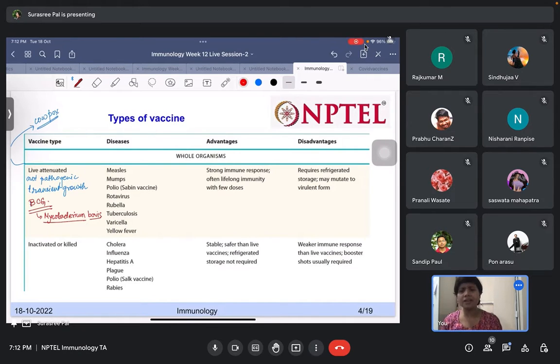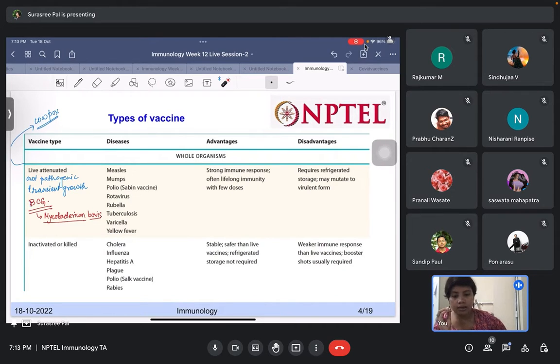So live attenuated vaccines, for example, you can see here the measles vaccine, mumps vaccine, the Sabin polio vaccine, rotavirus, rubella, these kinds of vaccines are commonly used, which are live attenuated vaccines. And there are several advantages and disadvantages of a live attenuated vaccine. So the advantage is that since they are capable of growing inside the host, they provide prolonged immune exposure to the host, right?